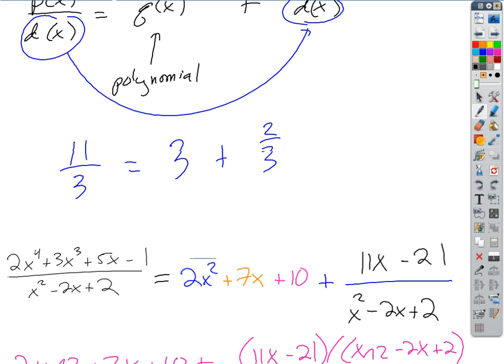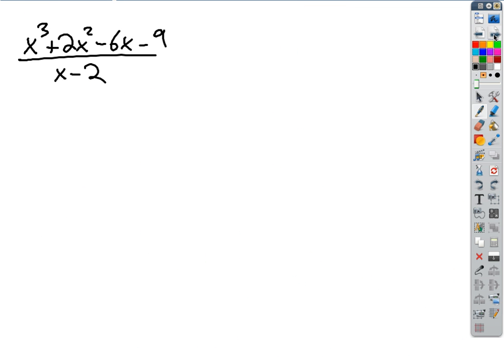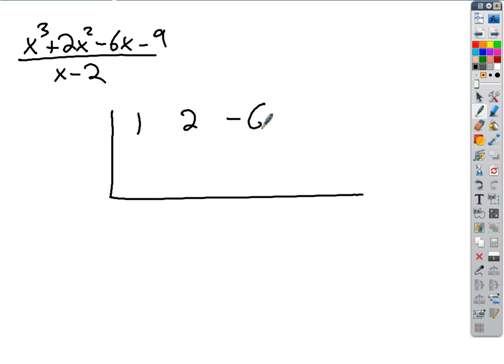So then, let's take this new example, this guy. Now the bottom is linear, right? So all we have to do with synthetic division is make our synthetic brackets just like we normally would. We're going to take the coefficients of the numerator, go in here. So what would those be? 1, 2, -6. Good.